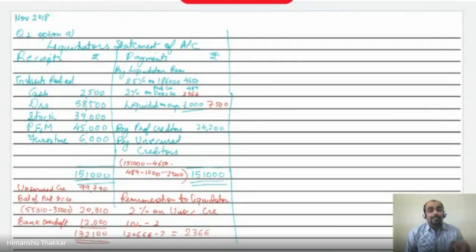It's just that they get preference when it comes to making the payment, and they get paid before many other creditors because of the preference as per the law. They are as good as unsecured creditors.